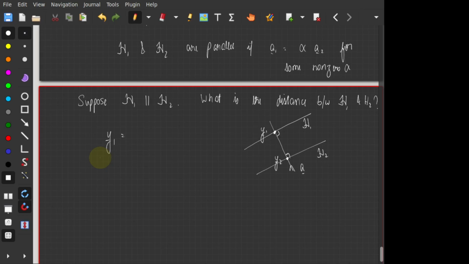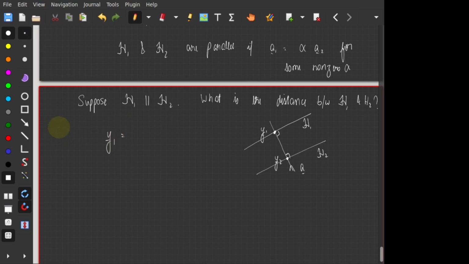Y1 will be some constant times A. Y1 lies on the hyperplane and y1 lies on this ray. Any point on the ray is some constant times the vector A, and any point on the hyperplane must satisfy A transpose x equal to b1. So then you have two equations, and you just solve for the unknown.